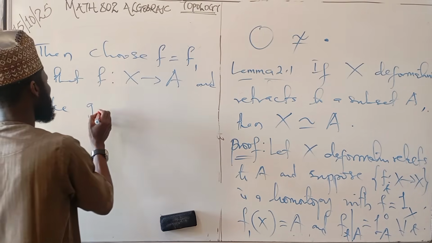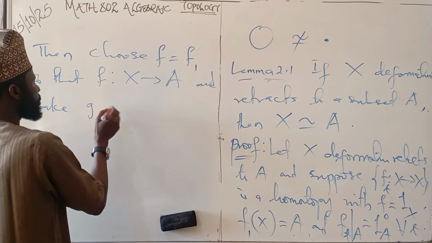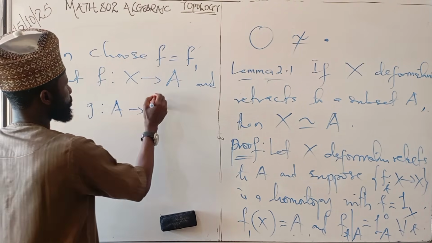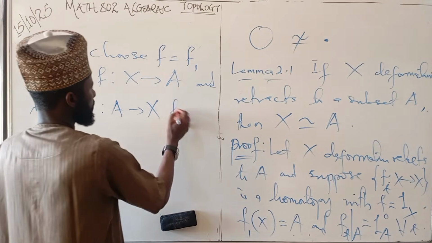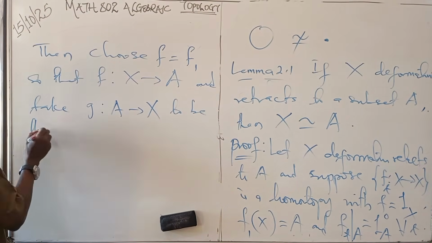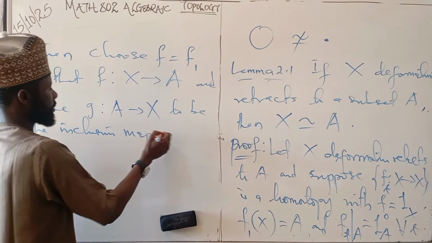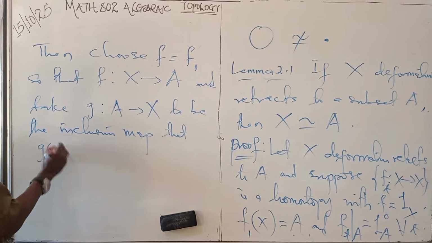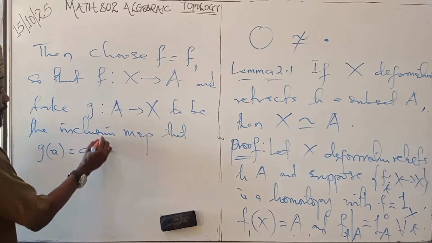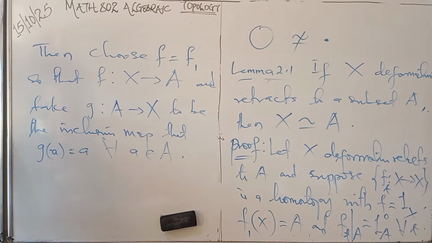So we take g to be the inclusion map from A to X, because it should be coming backward. That is, g of a is equal to a for all a in A, sending everything to itself, just like the identity map.